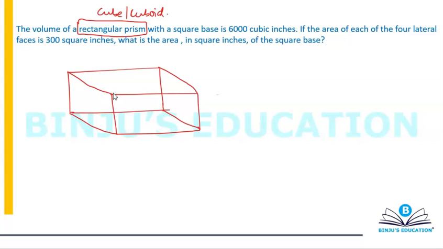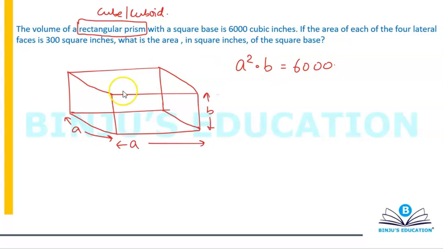The area of each of the four lateral faces. If you have a square base, let's first say that this dimension is a and this dimension is also a, and let's take this third dimension to be b. So we have a squared times b is 6,000, because this is how we calculate the volume, that is l into b into h.